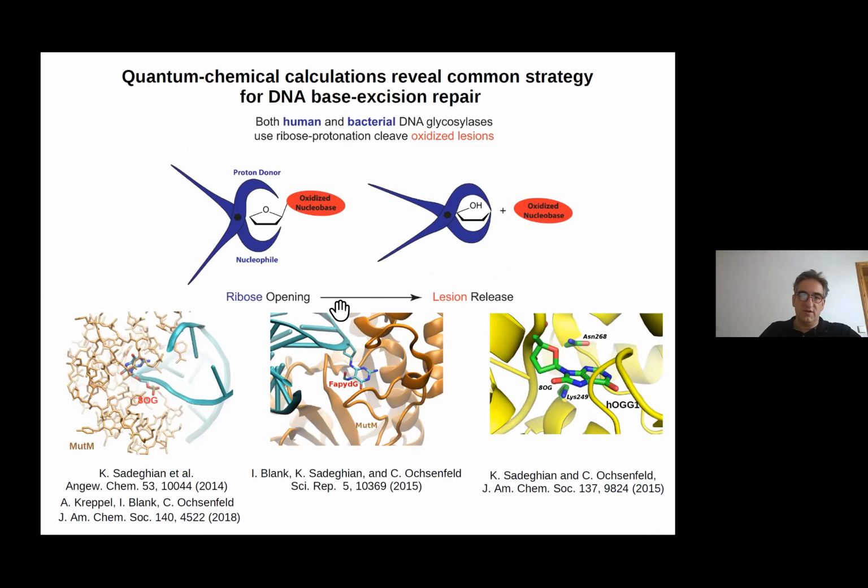Here you see the 3 different systems all showed the same behavior. I don't want to go into details there, but it was interesting that we found a mechanism which basically is base independent, having important implications for the base cleavage.